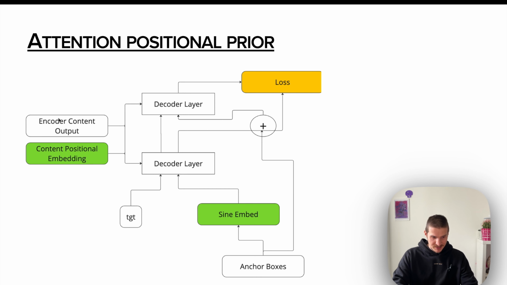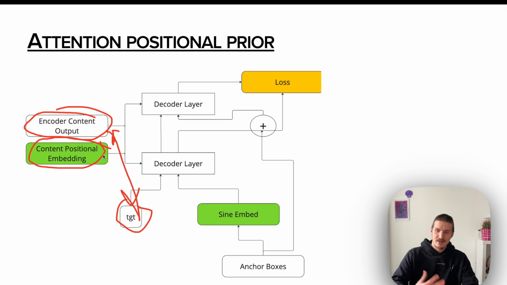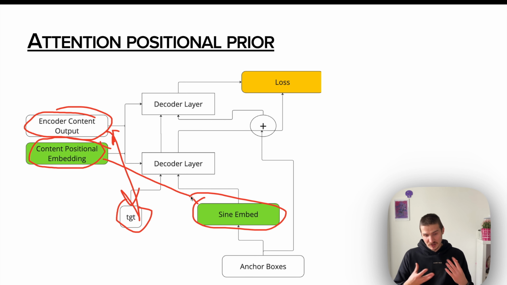This is the same as saying that we have some coordinates in this vector that will correspond to content here and target here, and they will have some cross interaction between them. And some coordinates will correspond to positional embedding of the image and positional embedding corresponding to our anchor box X and Y coordinates, and they will interact with each other.